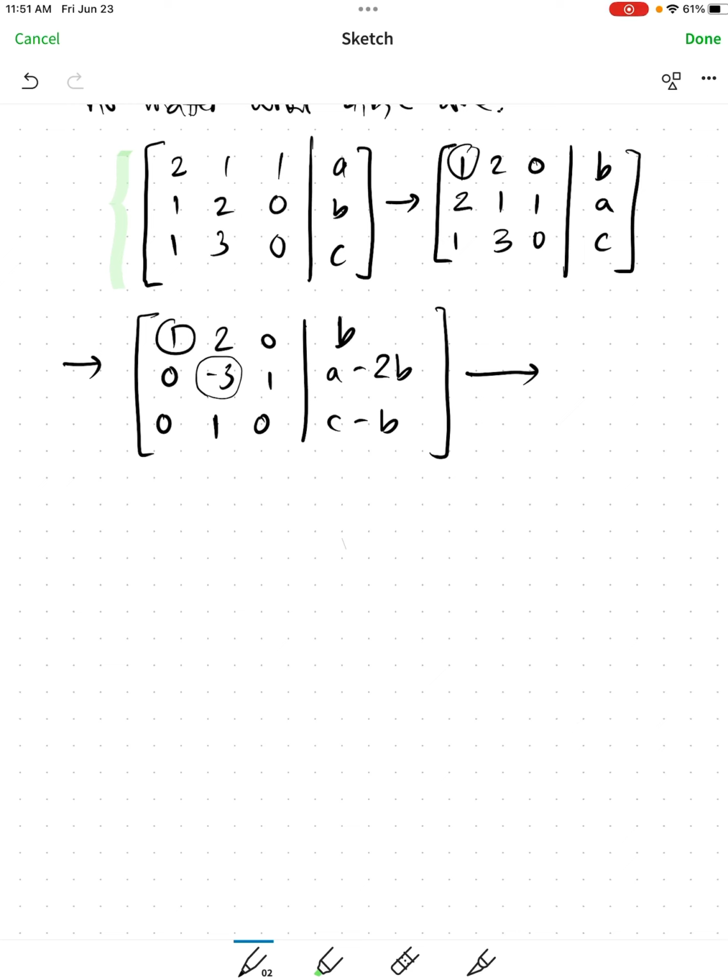So just to be a bit more consistent, I actually am going to swap rows 2 and 3. And then I'm going to do row 3 turns to row 3 plus 3 row 2.